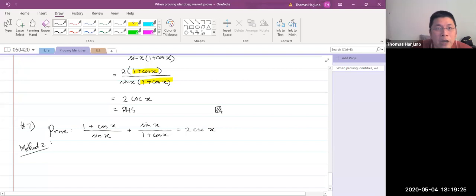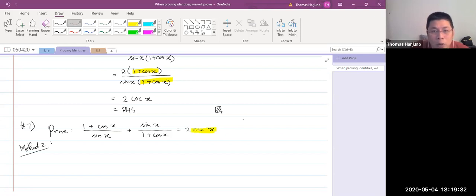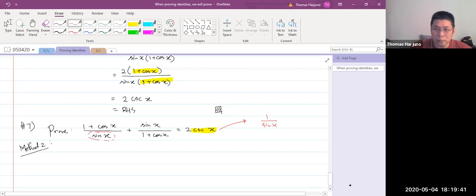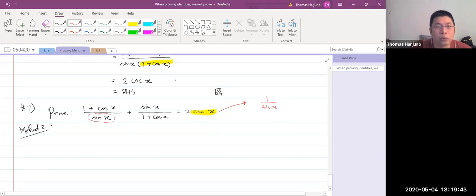Now, that's because I know the following. I see that this guy here actually stands for 1 over sine x already, right? Which I already see here. So this is what I will do. I will multiply only this part here by the conjugate. Oh, Thomas, what do you mean by just the conjugate?